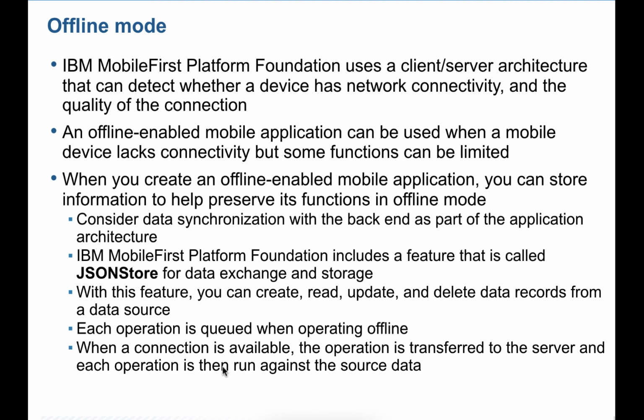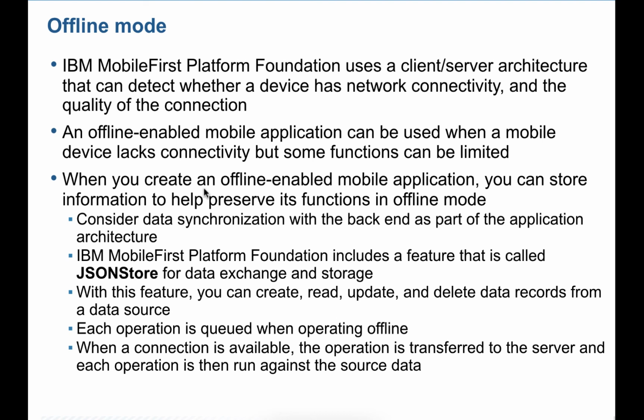Okay. So an offline enabled mobile application can be used when a mobile device lacks connectivity, but some functions can be limited. Another thing you can do: suppose people are filling the application, you can navigate to the next page, next page, next page until they come to the submit.